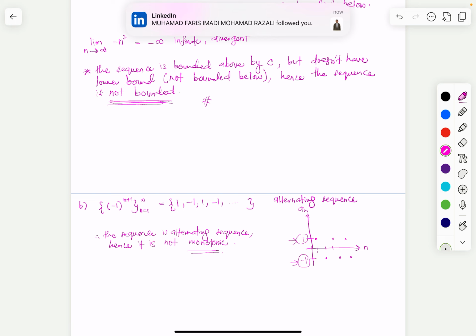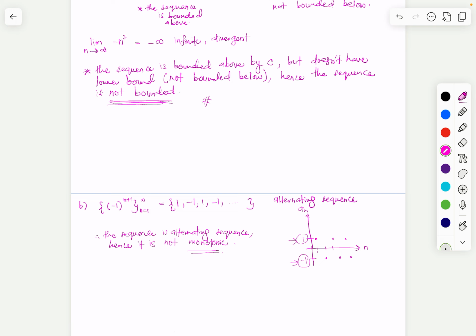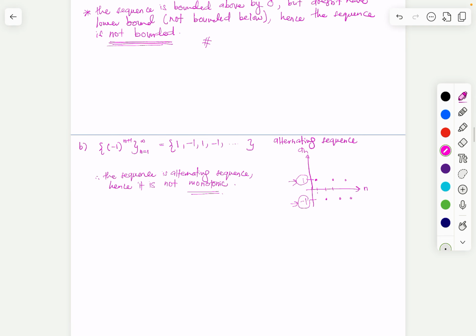And for the case of boundedness, you can see it clearly. As I said previously, it is bounded above by 1 and bounded below by -1. But if you want to find it by using the limit, we can try. Let us show the steps of the boundedness by using the concept of limit. So you find the limit as n approaches infinity of the sequence (-1)^(n+1).